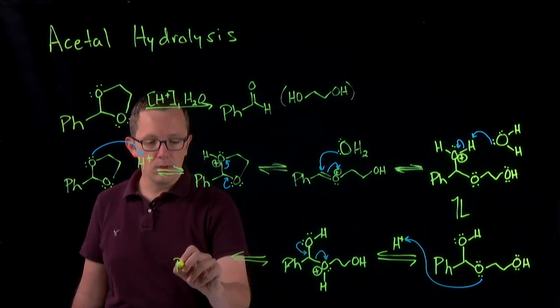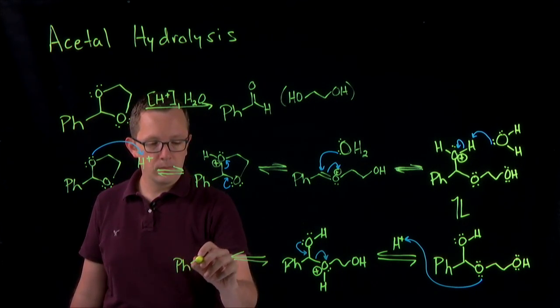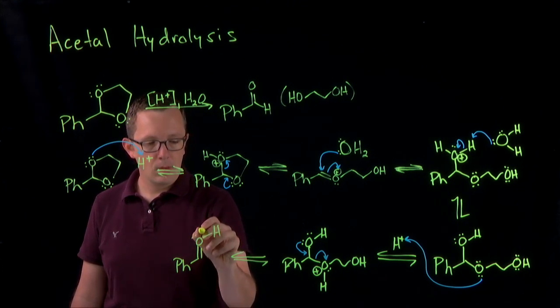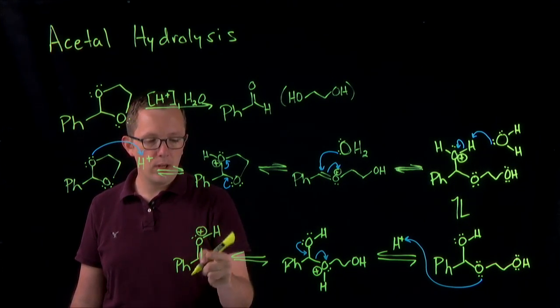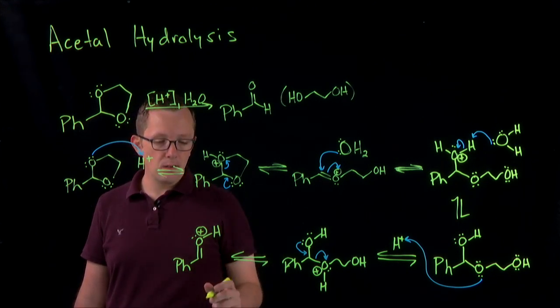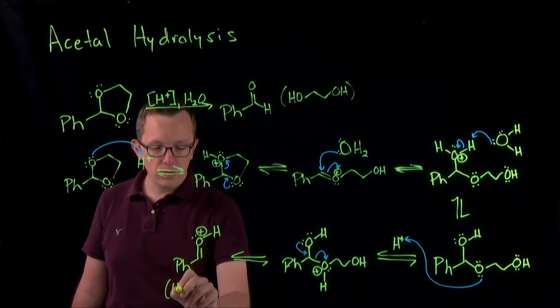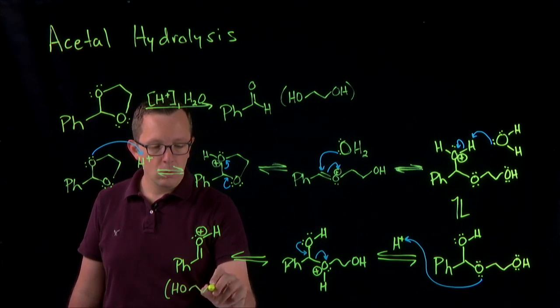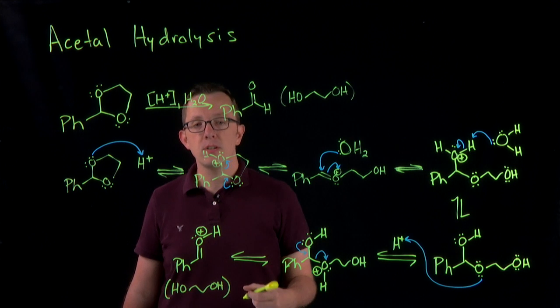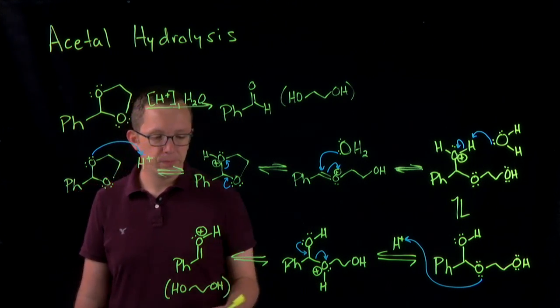So next step, we're almost to the end where we have our benzaldehyde, except it's now simply protonated, and our byproduct of this reaction will be that diol, and that's going to float away and not participate in the reaction anymore.